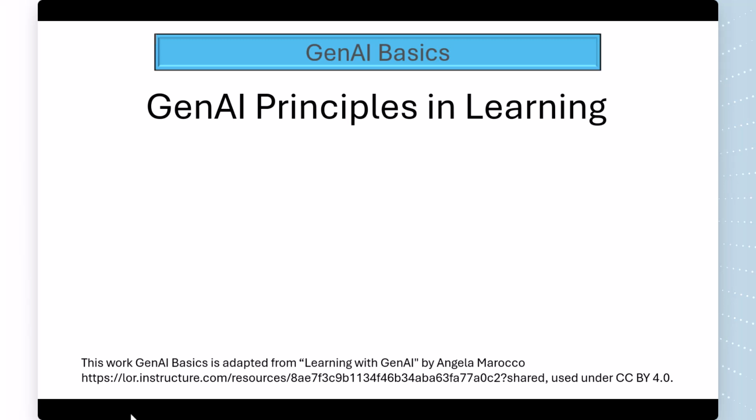GenAI is becoming increasingly prevalent in various academic and research contexts. Understanding the considerations surrounding these powerful GenAI tools is essential to ensure fair and responsible use. Consider these guiding principles. Privacy.